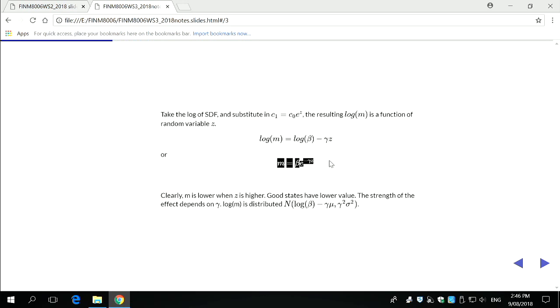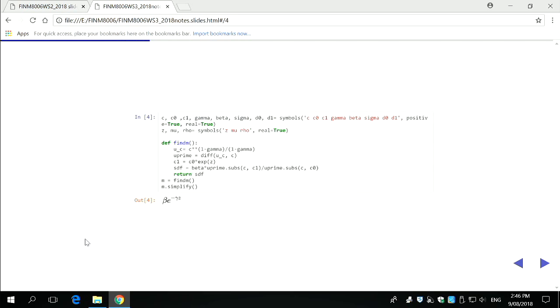Right, so this is the same as what the computer gives us with derivatives.